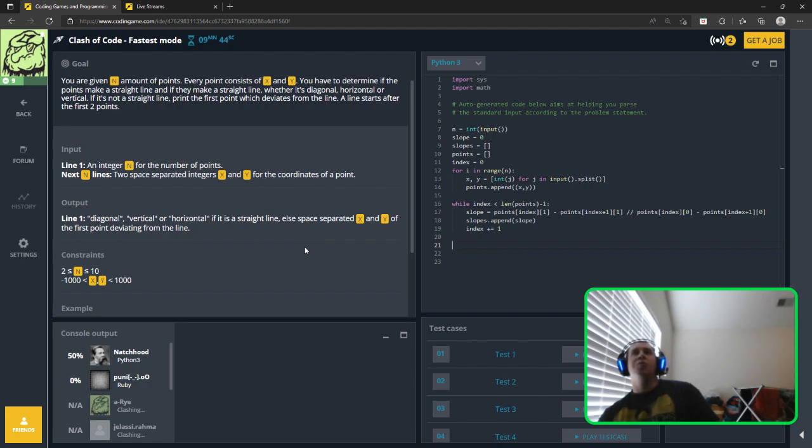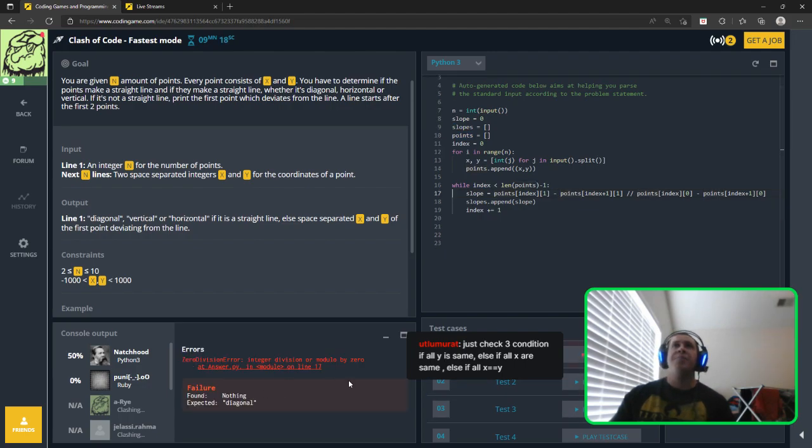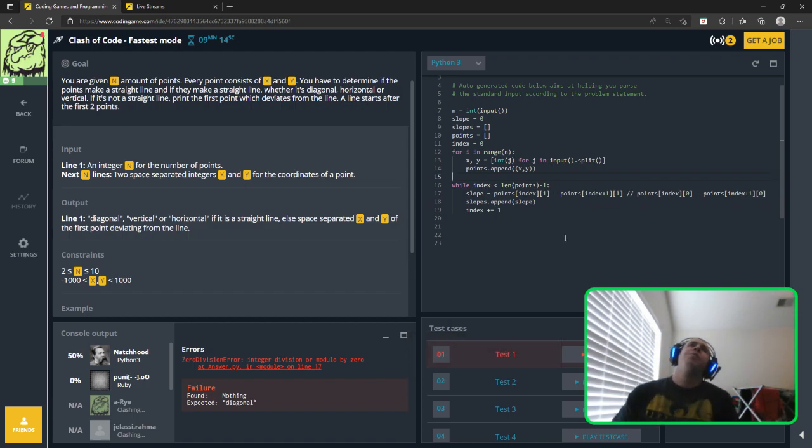Ooh, I just realized we're gonna get an issue because you can't divide by 0. But to get a vertical one, you are dividing by 0. So we would need a way to check that before even calculating this, because we're going to run into an error here. In fact, I'll go ahead and do it. We should have a divide by 0 safety catch to check for vertical lines.